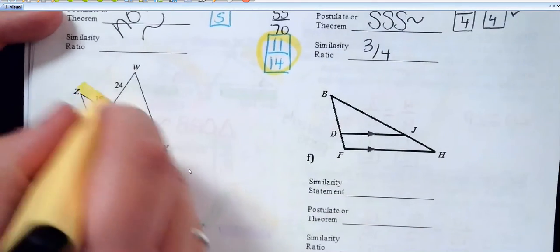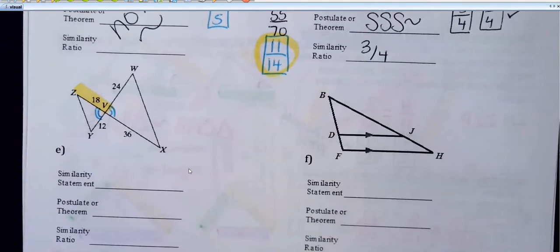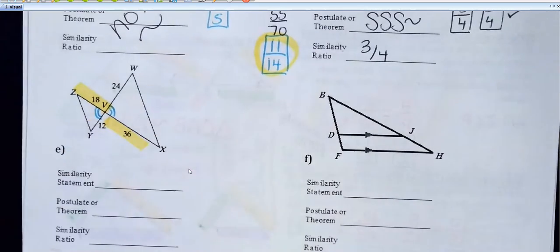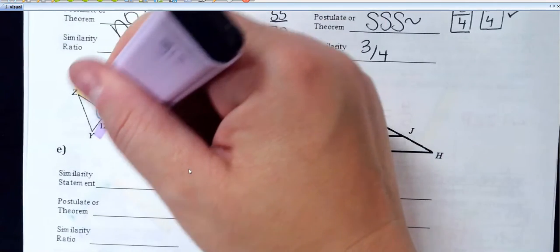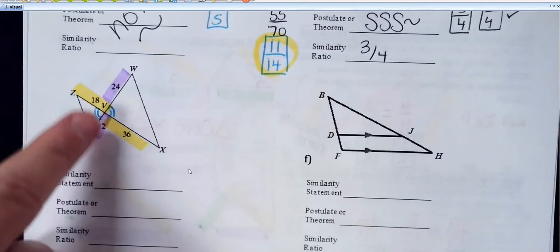If I look at the 18 in the smaller triangle, what number would that have to go with in the bigger triangle? 36, good. So make sure, sometimes these are kind of turned or twisted or rotated, so make sure that the 18 is the bigger number, the 36 is the bigger number, those would correspond to each other if these are similar. This guy's 12, the 24, those would go together. That angle is in between the 2 sides.